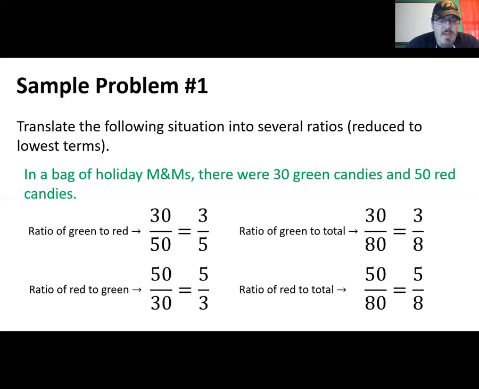So just be aware that there's lots of different ratios that can be created out of a given situation. And what we'll find when we look at word problems in particular, it's a matter of finding the ratio that fits the context of the problem that you might end up using. So hopefully this helps illustrate how to set up the ratios themselves based on a given situation.